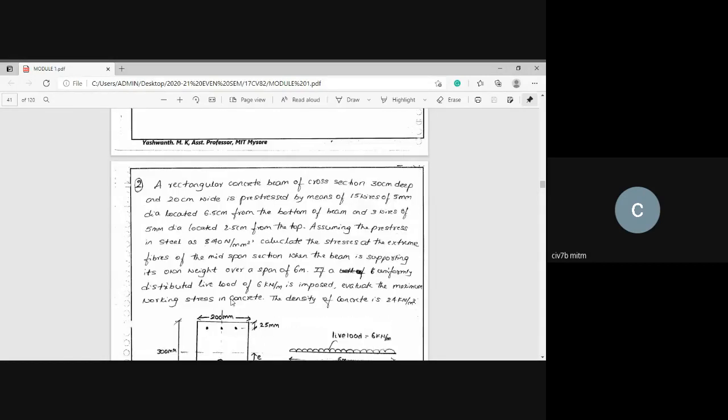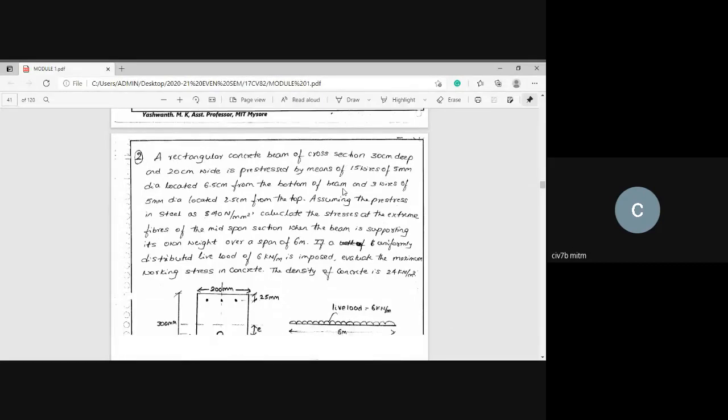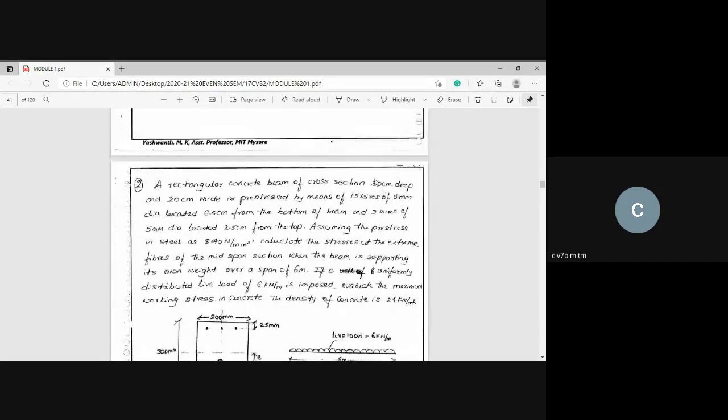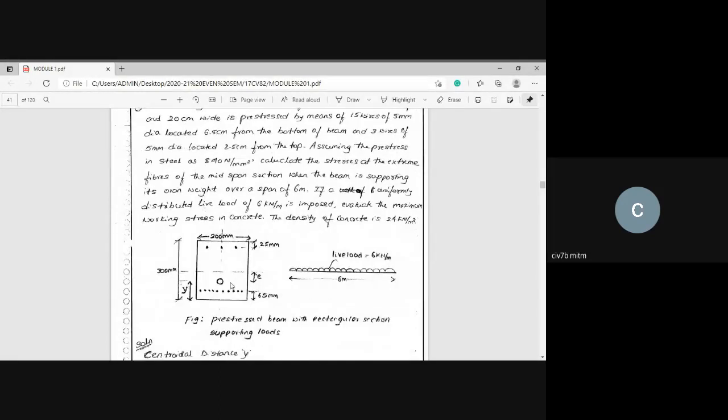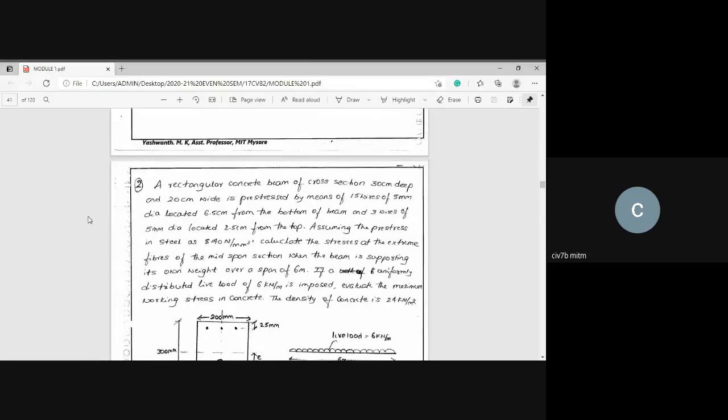So let me consider a rectangular concrete beam of cross section 30 centimeter deep, that is 300 millimeter deep, and 200 millimeter wide. Okay, and it is pre-stressed by means of 15 wires of 5 mm dia.